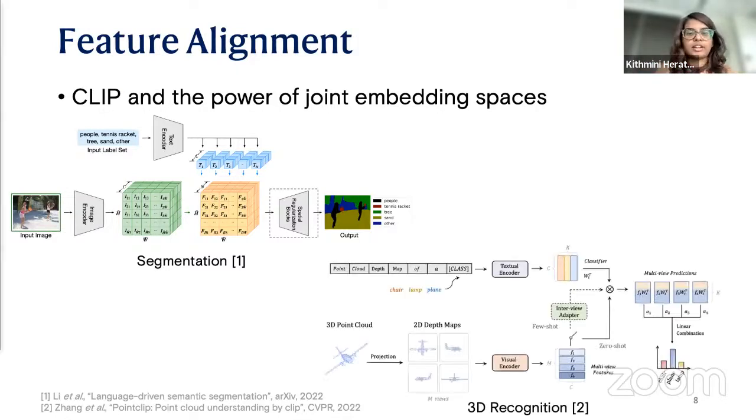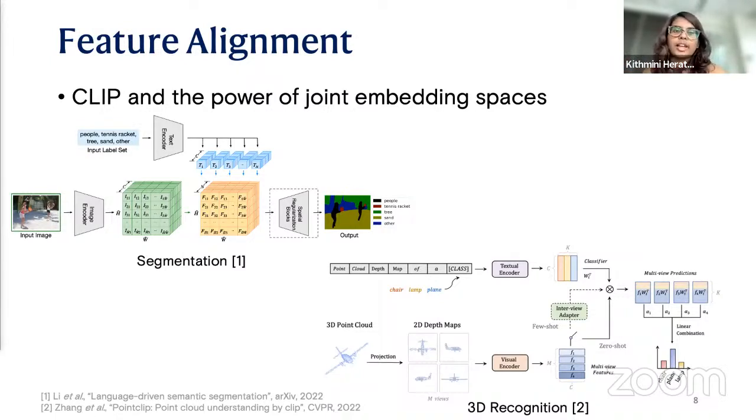Also for 3D recognition, they've again used a variant of the CLIP model. When you're given a 3D point cloud, you project it into 2D depth maps as shown here. Because they are 2D depth maps, they are essentially just images.